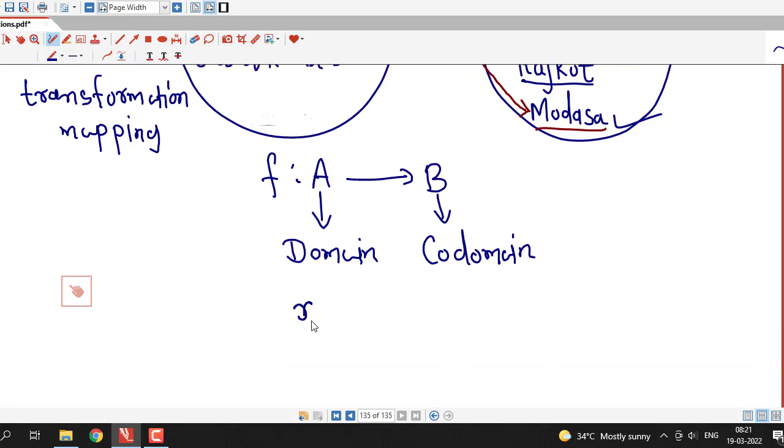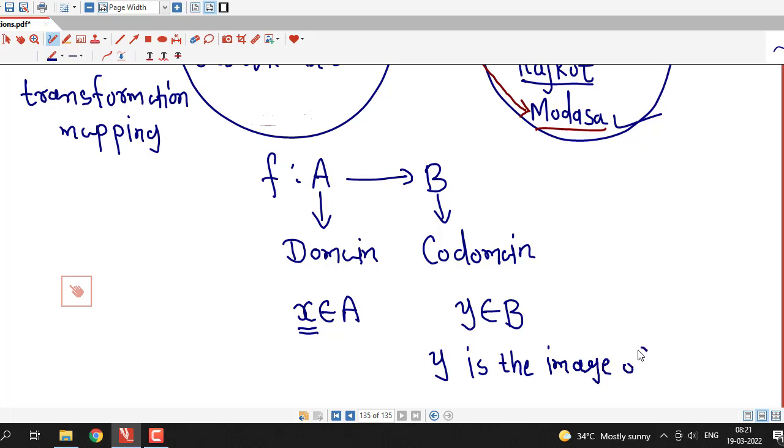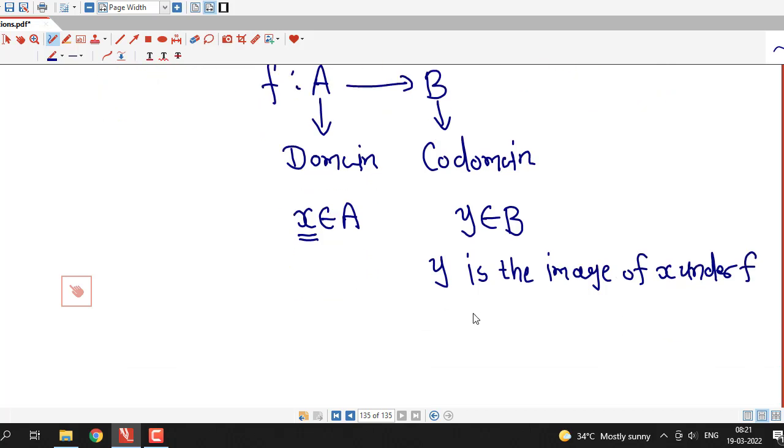Suppose I consider x in set A, and the unique element assigned to x from set B is y. Then we can say that y is the image of x under function f, and we write this as y equals f(x).